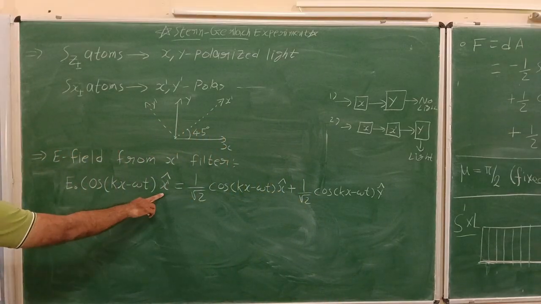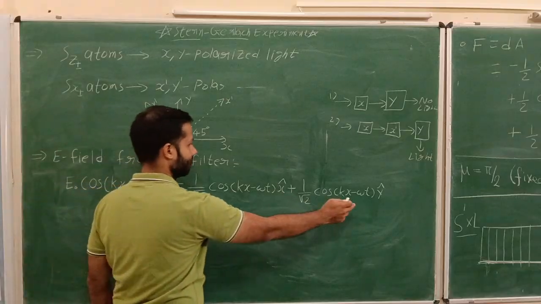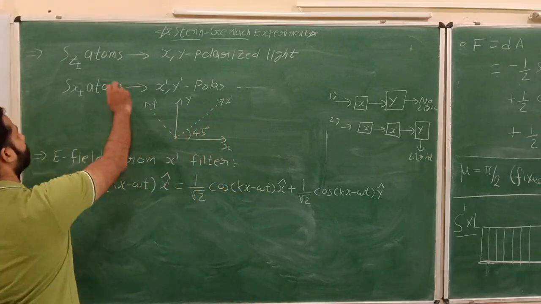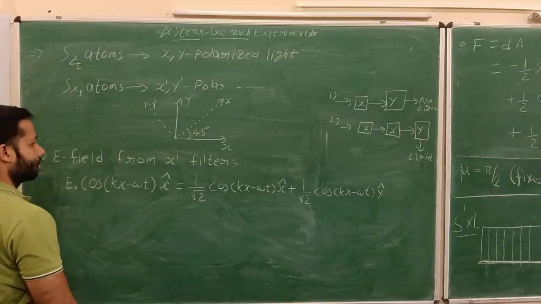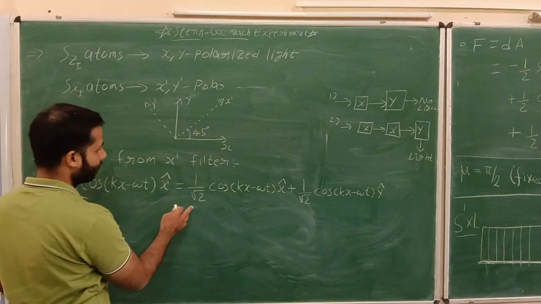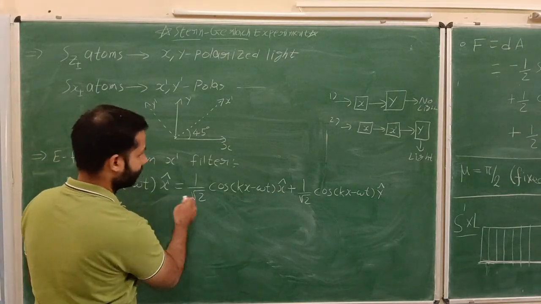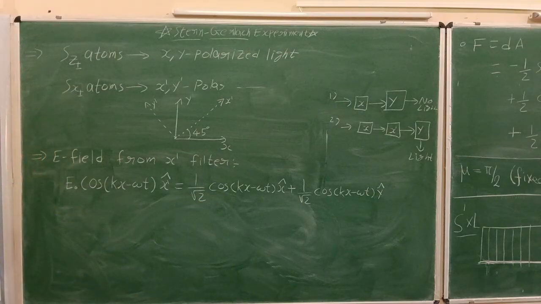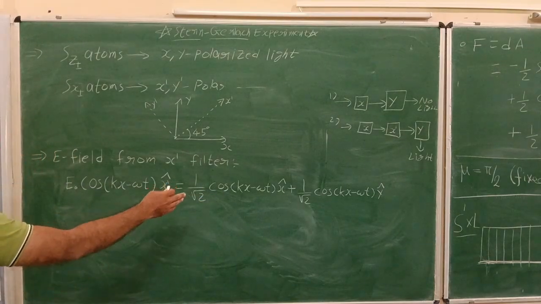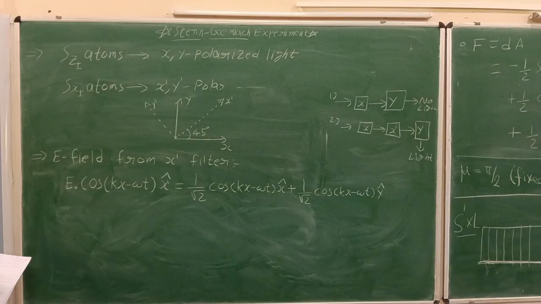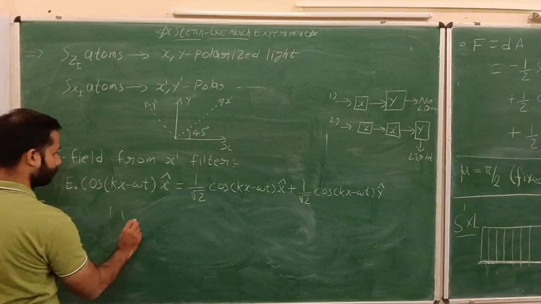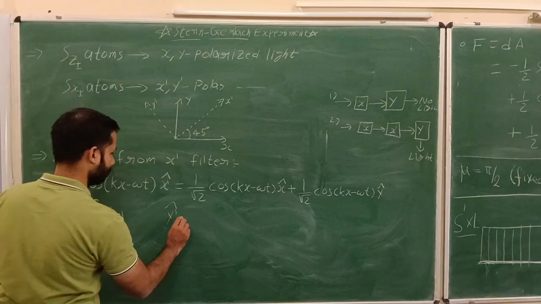So X prime contains both X and Y, which in our case is like spin Z plus or minus atoms. So the X prime filter has both X and Y. X prime is nothing but a linear combination of the X and Y filters. And similarly, we can do this for Y prime as well.